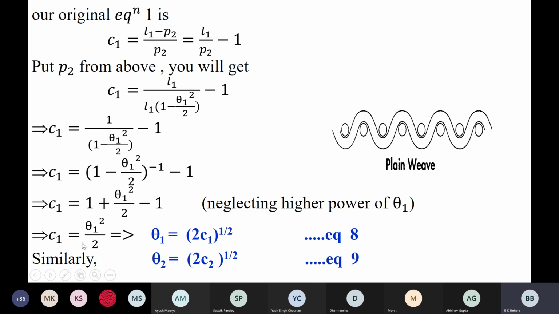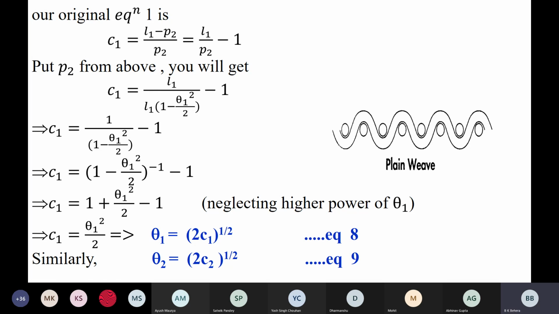So it will give you C1 is equal to theta 1 square upon 2, or approximately theta will be equal to the square root of 2C1. See how simplified, how easy it has become now. Theta comes out only twice the square root of crimp.